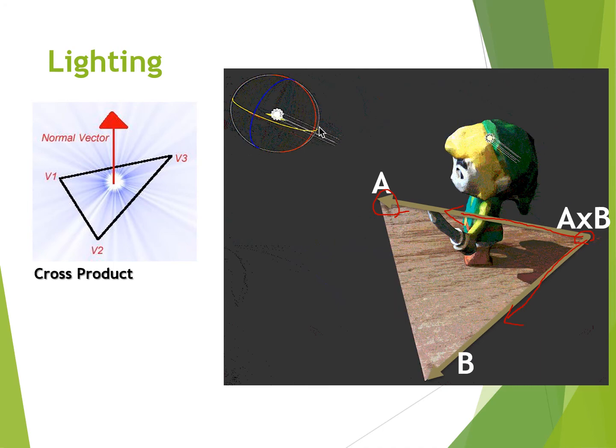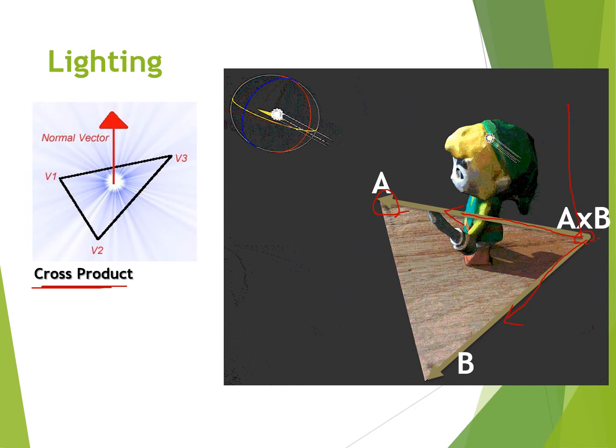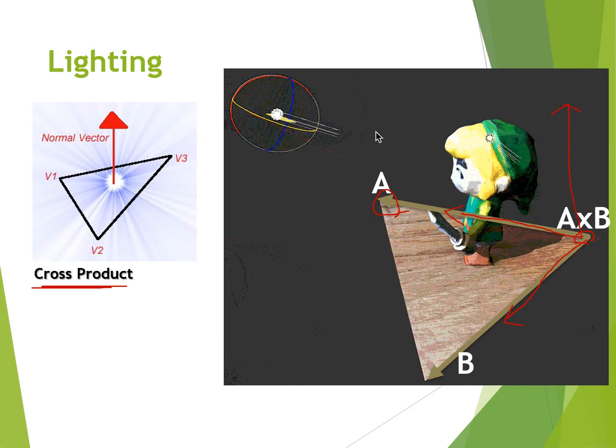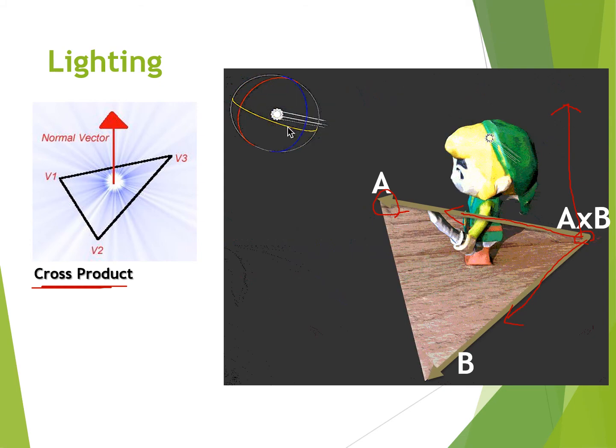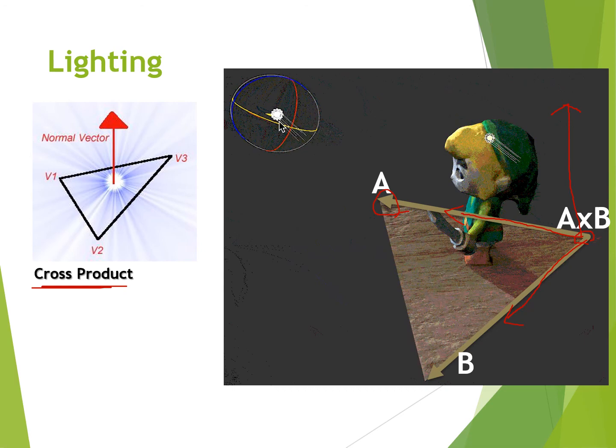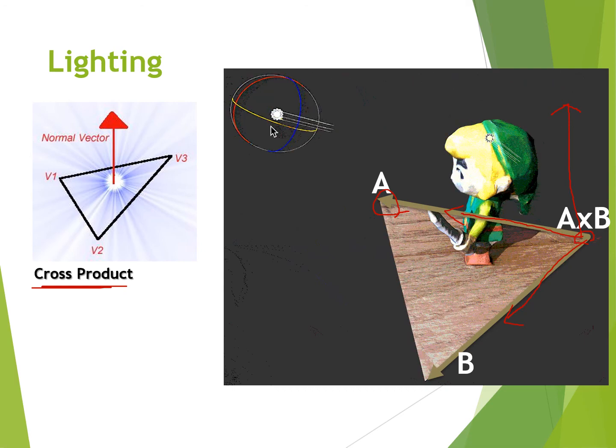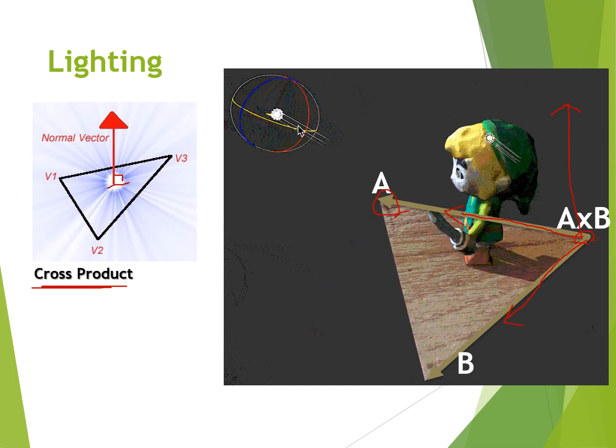With A and B vectors, you can use the cross product to generate a normal of your face. Here you have a triangle, a face, and you can generate a normal which is perpendicular to your face.